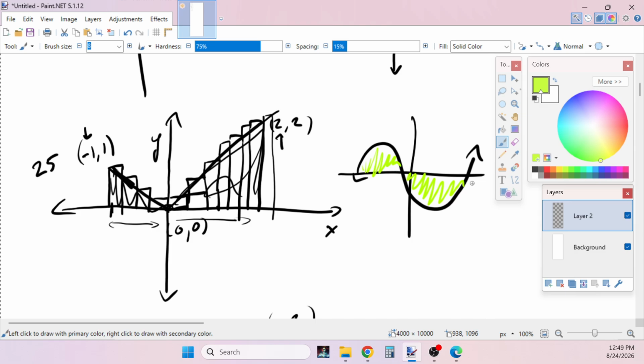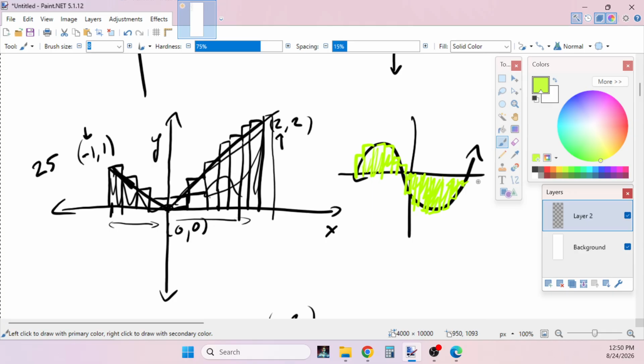That's where you need calculus, because you can set up an approximation using these Riemann sums, these rectangles, and then you can prove that when you split the rectangles into smaller pieces, you get better approximations, and then you take a limit, and that limit gets you the exact area of the curve.